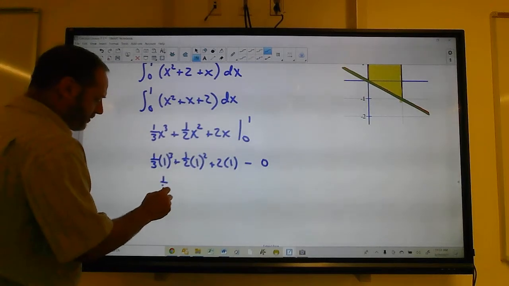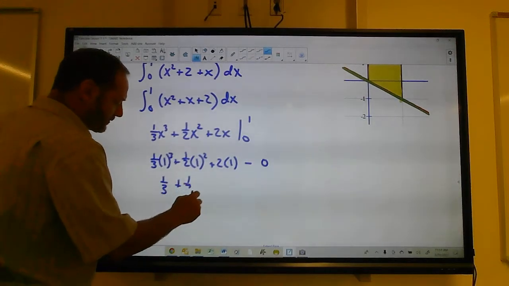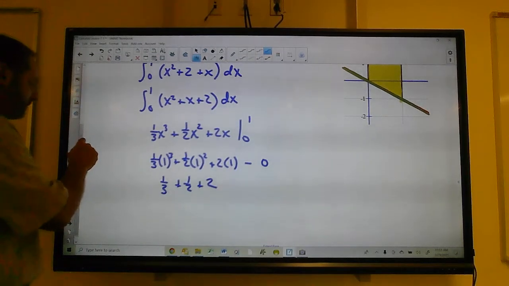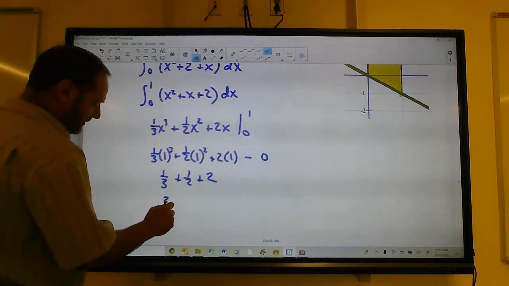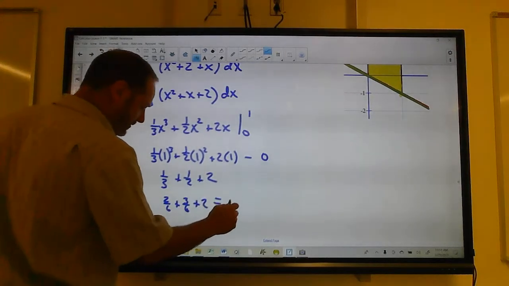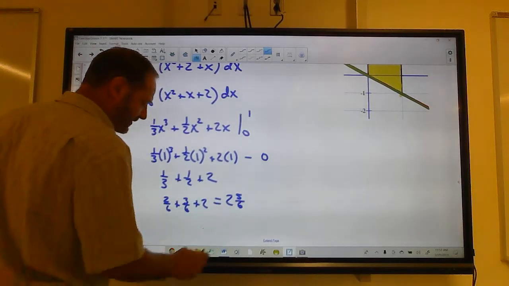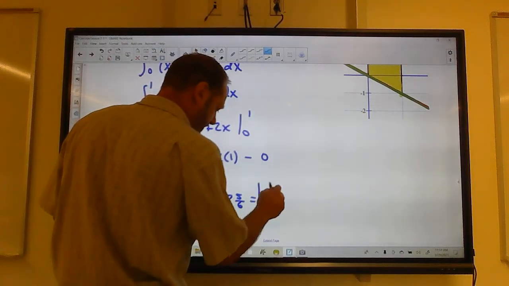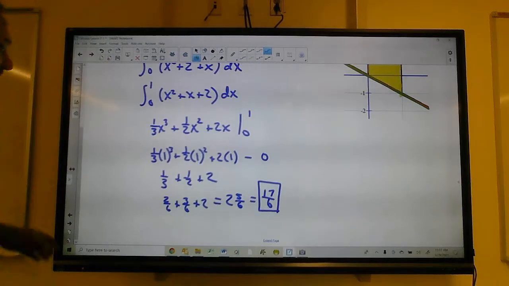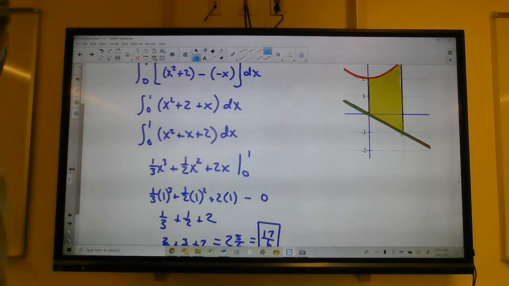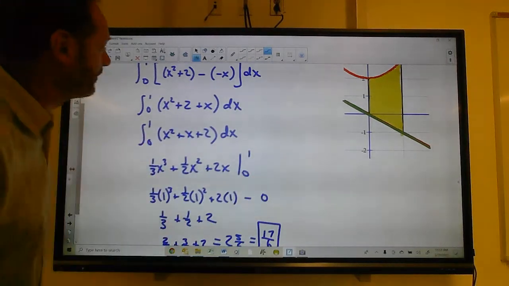So this is 1/3 + 1/2 + 2. That is 2/6 and 3/6 plus 2, so this is 2 and 5/6, or better, 17/6. And that's the area of that yellow shaded region right there, 17/6. Not real difficult to do.